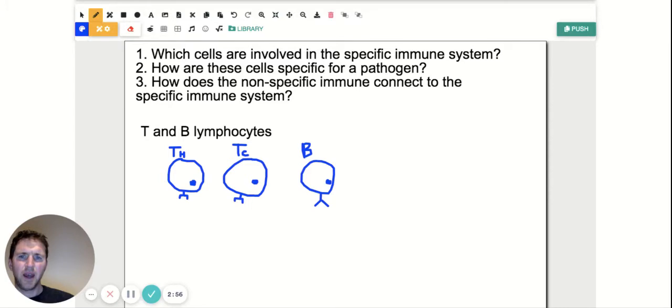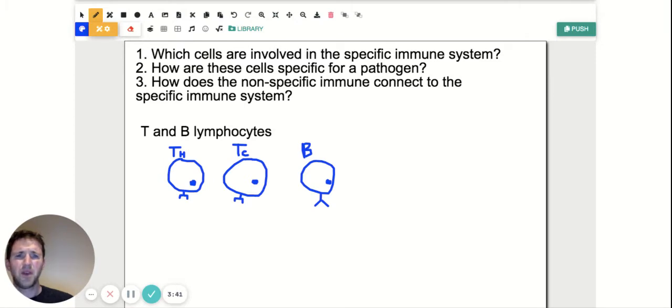Each of these cells will express a different receptor on their surface. And each of those receptors will be specific for only one antigen. They will only fit one antigen. That's what makes them specific. The receptors on each helper T cell, cytotoxic T cell, and the antibodies on B cells are specific for only one antigen. So that's what makes cells in the immune system specific.